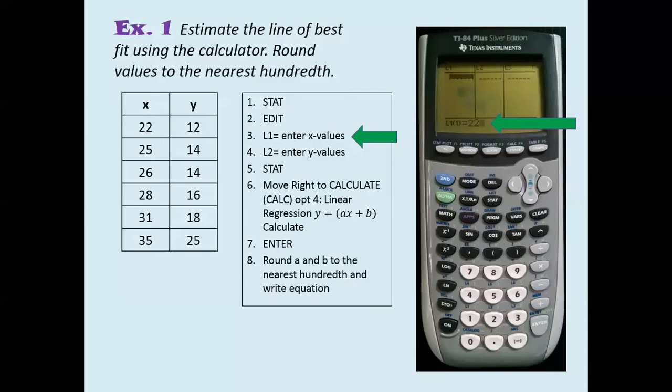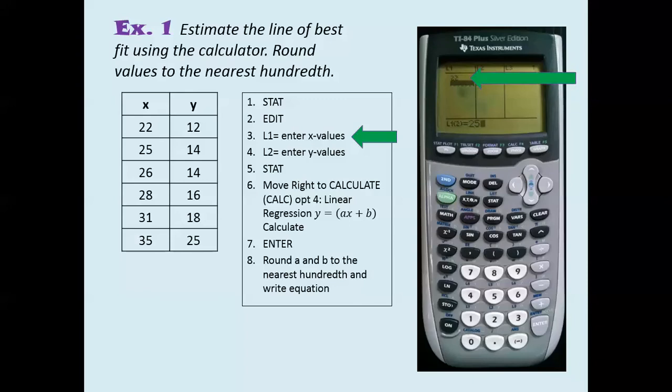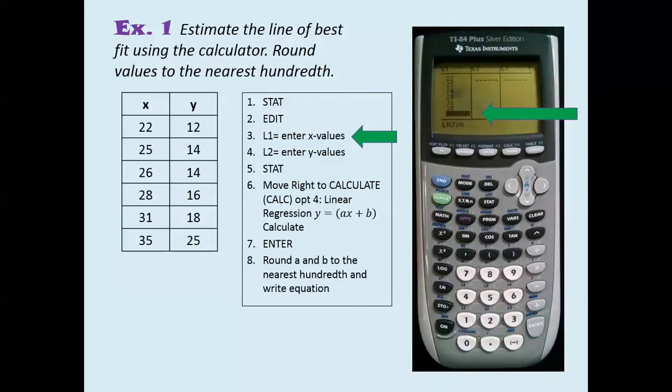So you'll see the 22 appearing at the bottom when you press enter, then it appears up there as the first entry in the list. So you're going to continue to do the same thing with all of the other L1 values. Next one, you're going to press 25, press enter, keep going until you get all the way to the end of the list, and you can see when you're done, then there's a blank space.